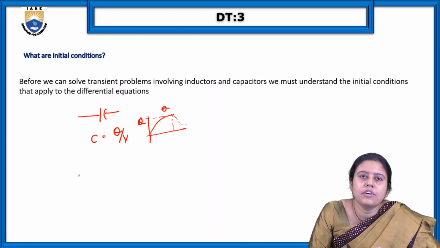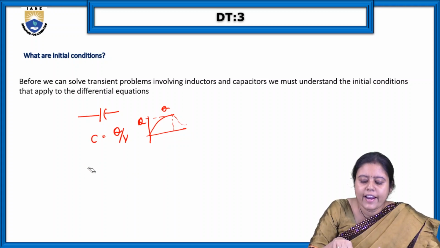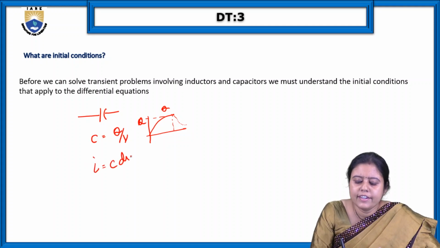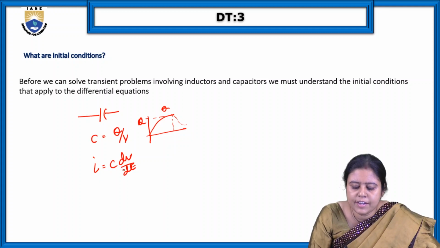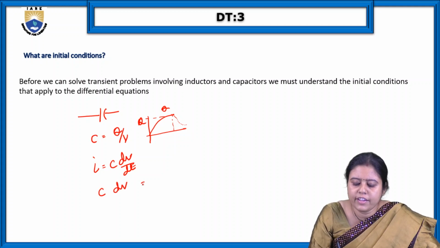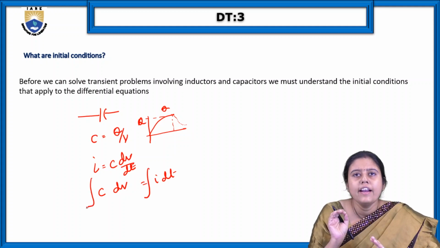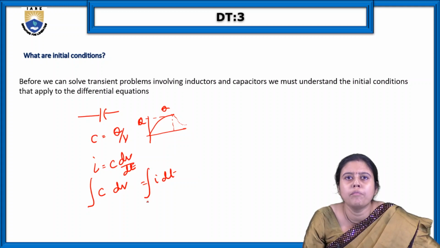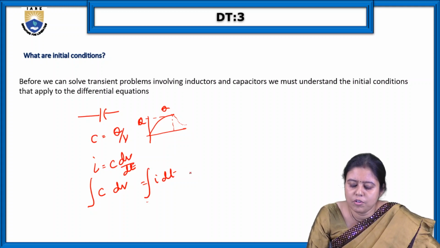If we want to write the voltage equation, we know that in the capacitor the current is equal to C dV by dt. So C dV is equal to I dt, and we have to integrate both sides. While integrating, it will not always start from 0 due to the initial charge, since I means dq by dt.